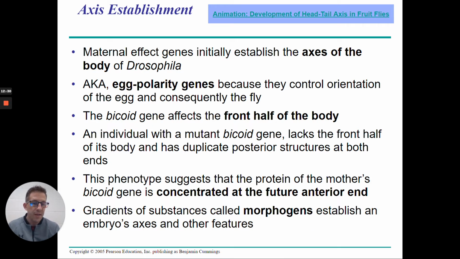So this phenotype suggests that the protein of the mother's bicoid gene is concentrated at the future anterior end, and even less so at the future posterior end.